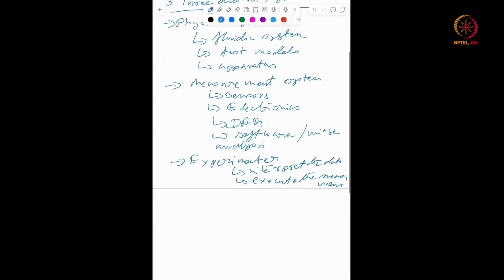You can find more details about this in Measurement in Fluid Dynamics. This is a Cambridge University Press book, which is highly recommended.